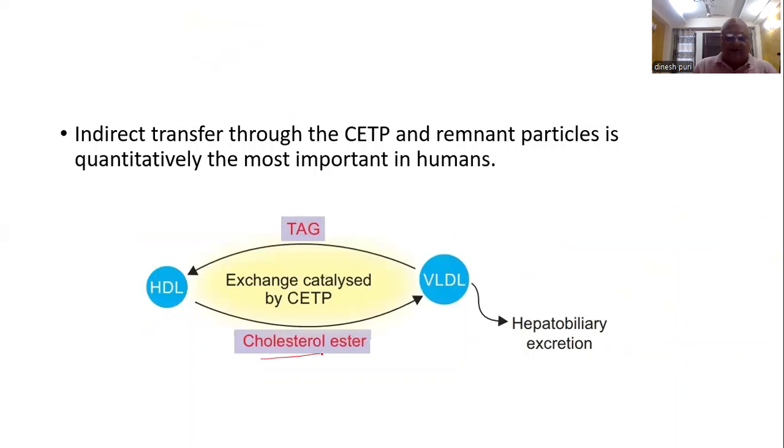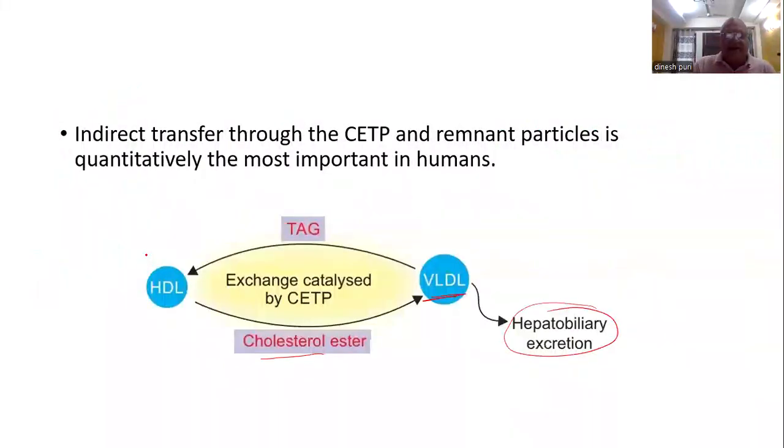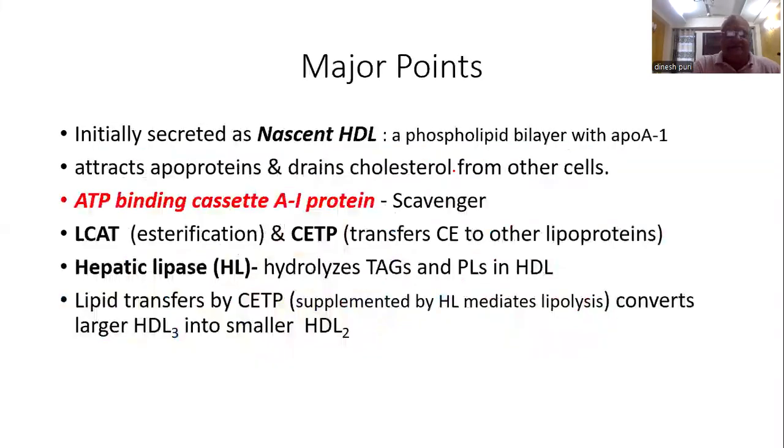Cholesterol ester went from HDL to VLDL, and through the VLDL, IDL, LDL axis, hepatobiliary excretion happens. So this is the indirect route. The three routes we have discussed: two are direct, one is indirect. An important point: the indirect transfer through CETP and remnant particles is quantitatively the most important in humans.